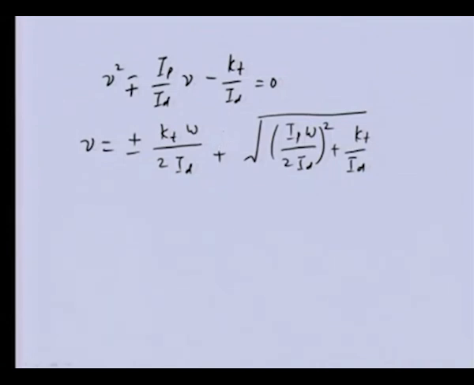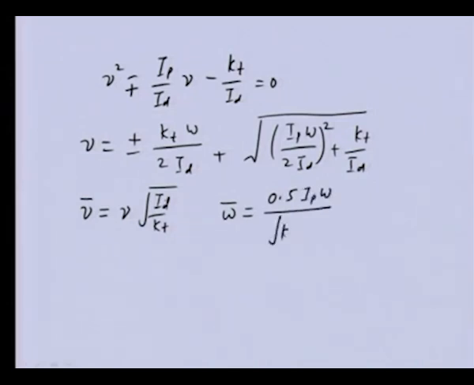So, now we have this equation, and this can be simplified by defining non-dimensional parameters. Let us say nu bar, I am defining as this whirl frequency ratio, as nu times ID by kT, and spin speed ratio I am defining as omega bar, omega times IP by the square root of kT into ID.